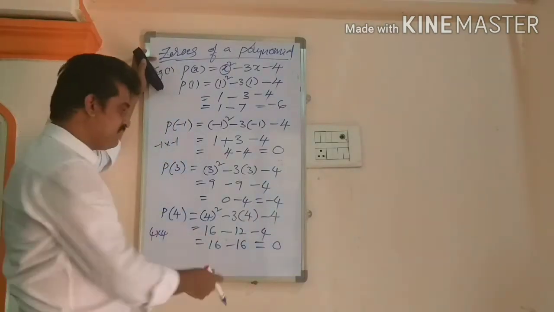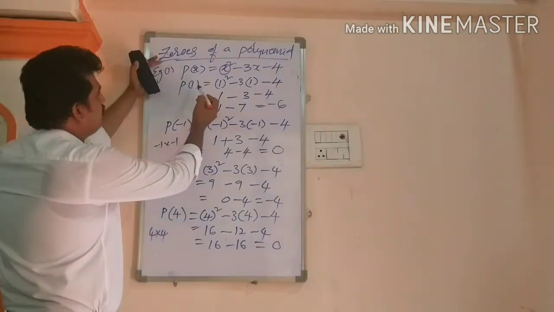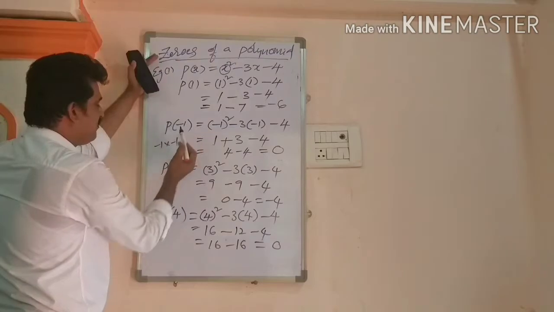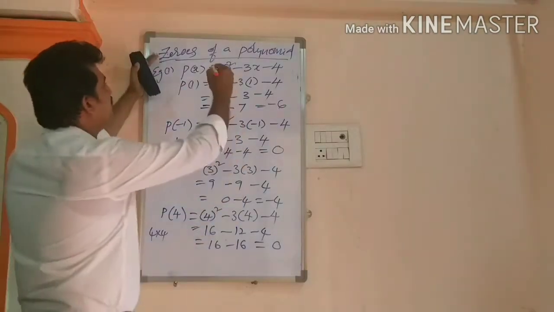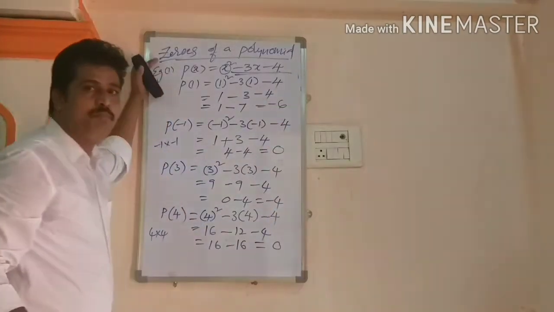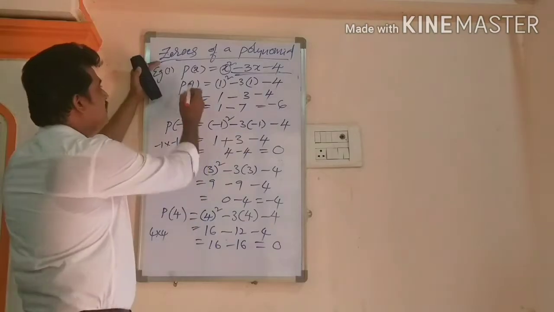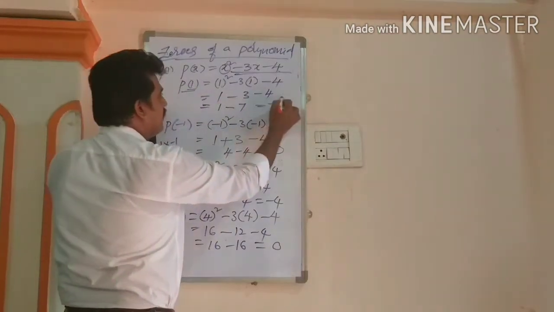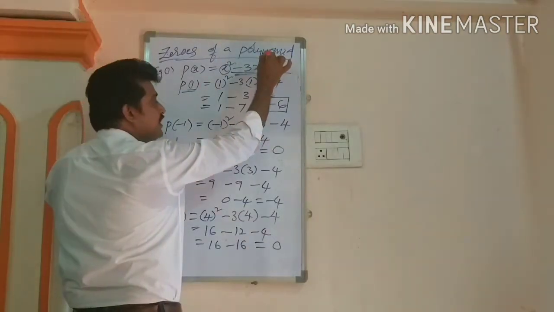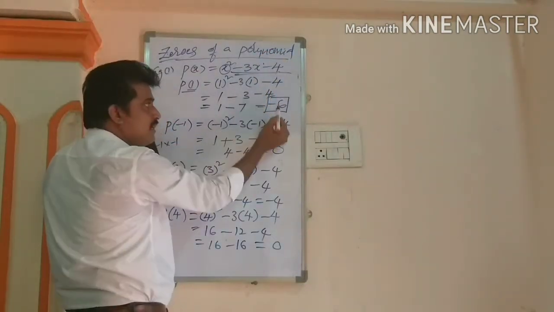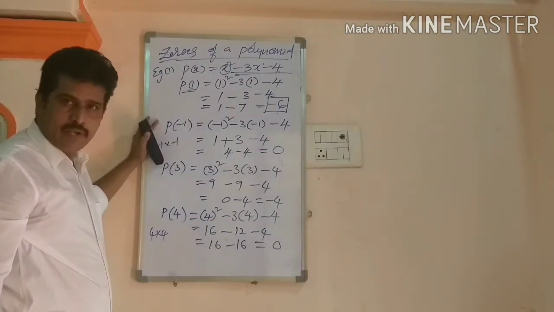Now listen carefully. We have found P of 1, P of minus 1, P of 3, P of 4. Like that 4 values for a given polynomial. Among these 4 values, see the first value P of 1 gets minus 6. So the value of this polynomial is minus 6 at x is equal to 1.